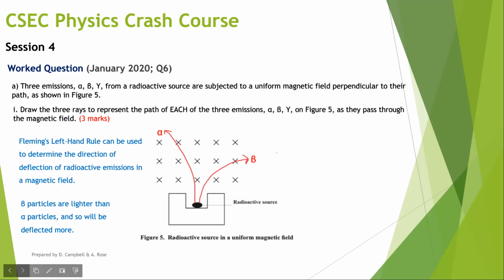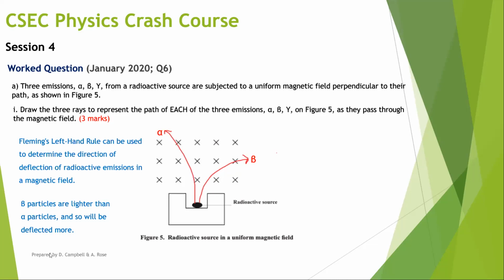Now notice that we have drawn the rays so that the alpha particle ray looks a little bit straighter than the beta particle. And that is because, remember we said that beta particles are very, very light. They're high speed electrons, so their mass is pretty much negligible. They will be deflected much more than the alpha particles, which are heavier.